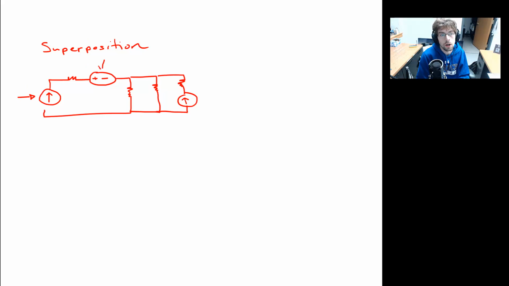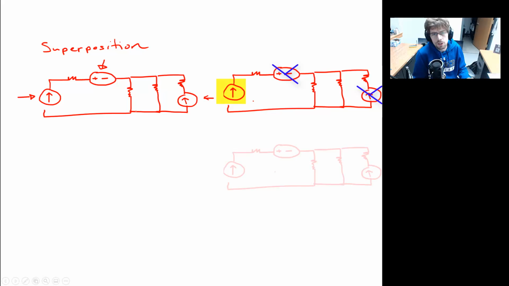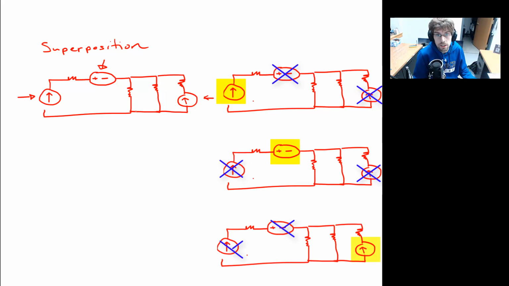Now I will work on the contributions of the potential supply, and you'll go ahead and analyze those. Finally, the last current supply, you'll analyze the circuit according to that. And if you want the full operation, if you will, of the entire circuit, you can then take those three individual pieces that you've done and superimpose them. That's what I mean by superposition in the sense of the electronics class.